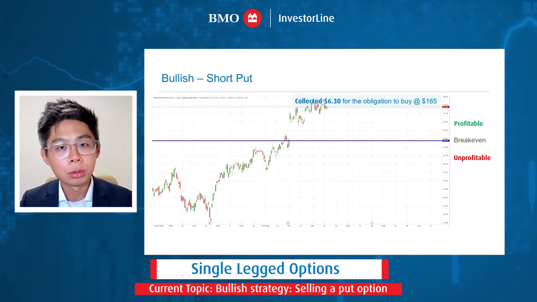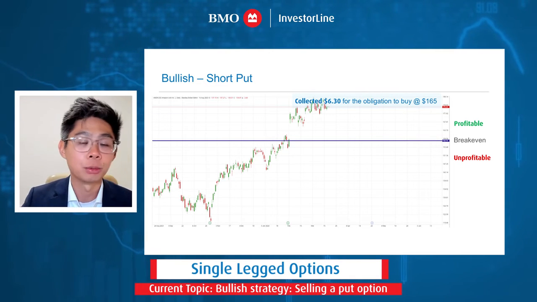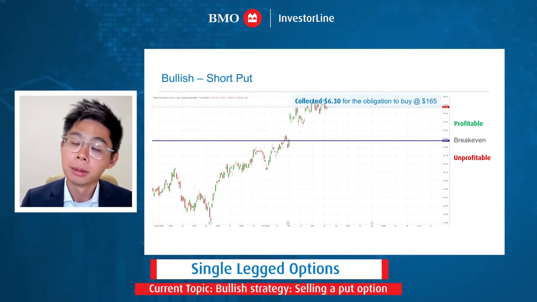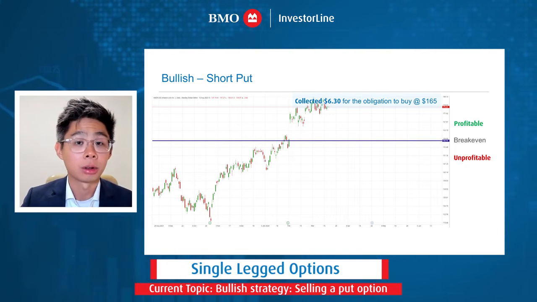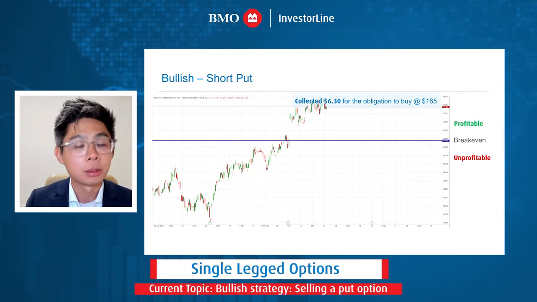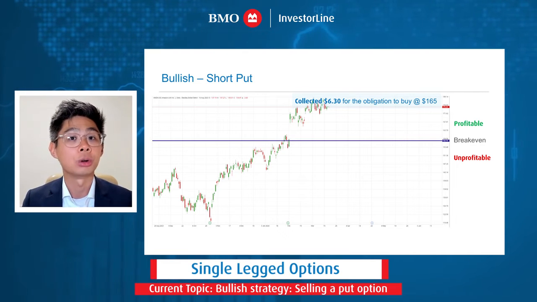So your natural probability of profit on that is relatively low. The stock has to move a big amount before you're profitable. When you're selling a put option, not only are you profitable if the stock does move in the direction you expect it to, but even if the stock doesn't move at all or even declines a little bit, in all three scenarios, you're going to be profitable.